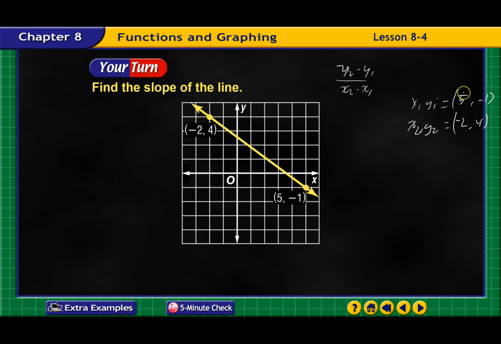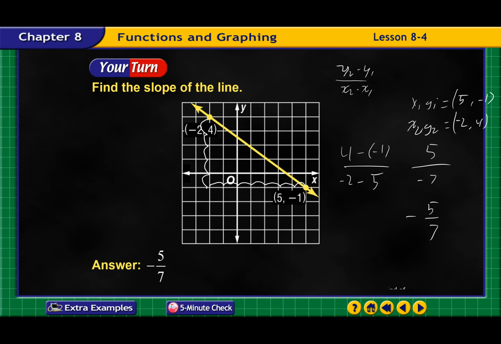Putting those in, x1 is 5, x2 is -2, y2 is 4, y1 is -1. Minus a -1 will be a plus, so 5 over -7, that'd be -5 over 7. It's a negative direction line. I could also count 1, 2, 3, 4, 5, 6, 7, and count up 1, 2, 3, 4, 5. We've done the same thing.